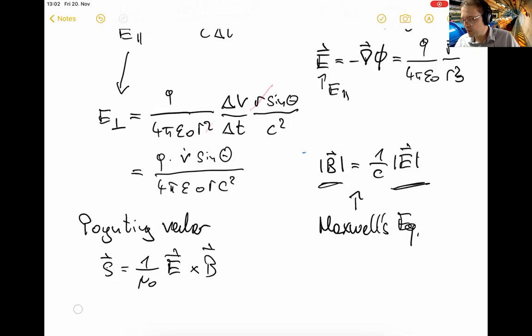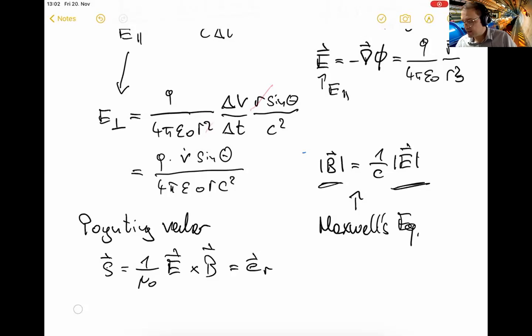Because we know that the electric field is perpendicular to r, and because it's vacuum, the B field is also perpendicular to E, the Poynting vector must be radial. So we already know the direction, and anyway we only care about the radial energy flow.